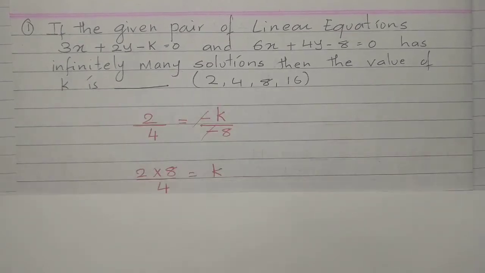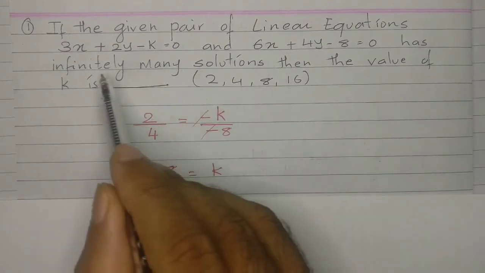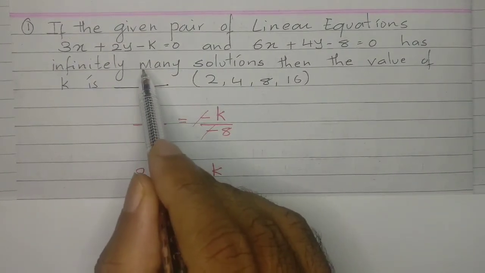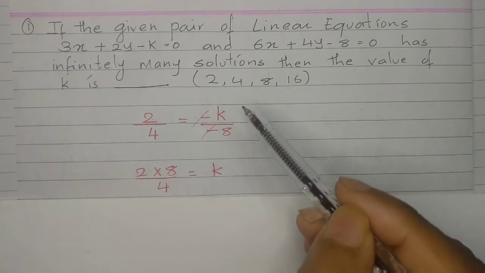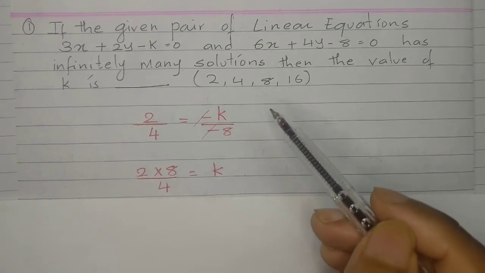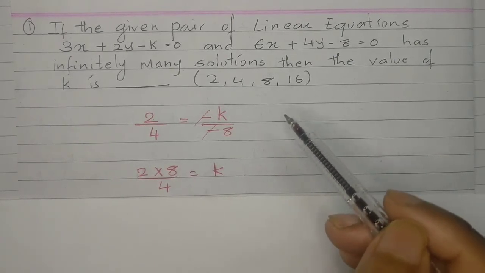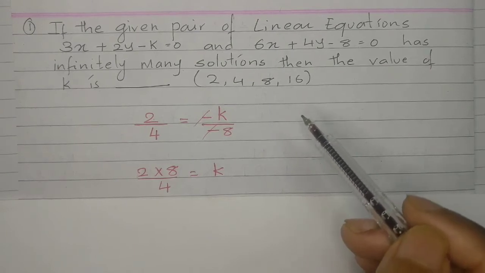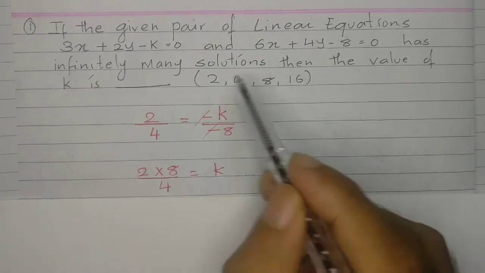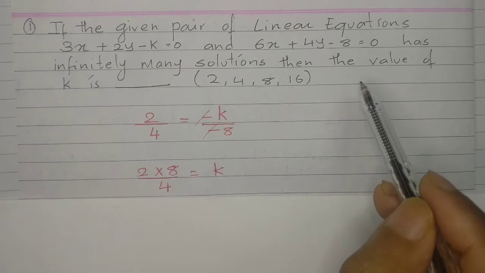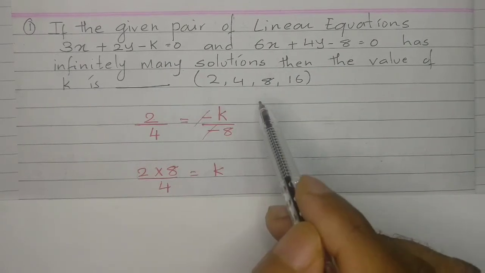If you remember, we were talking about infinitely many solutions, which means a1 upon a2 is equal to b1 upon b2 is equal to c1 upon c2. So we don't want to write all the conditions over here because the question only carries 1 mark.